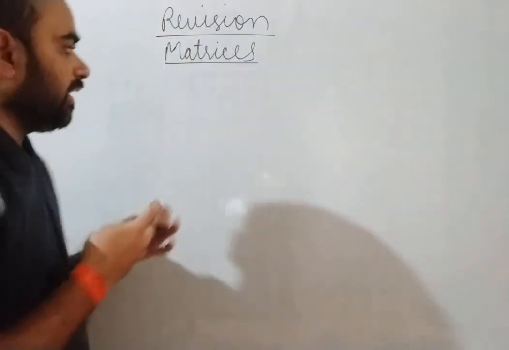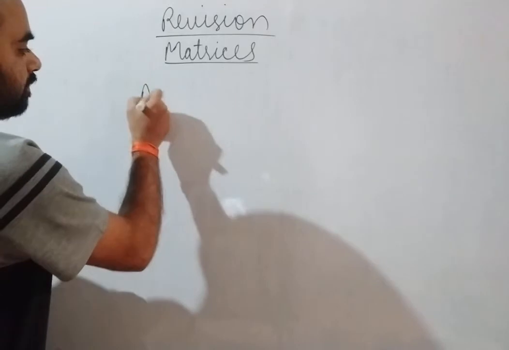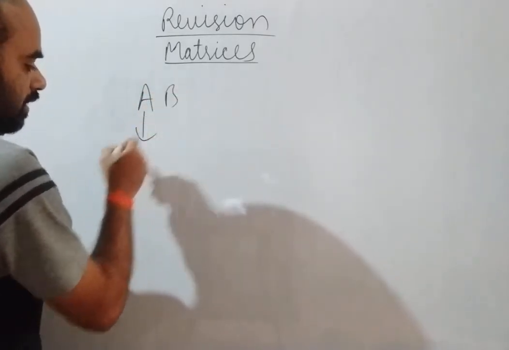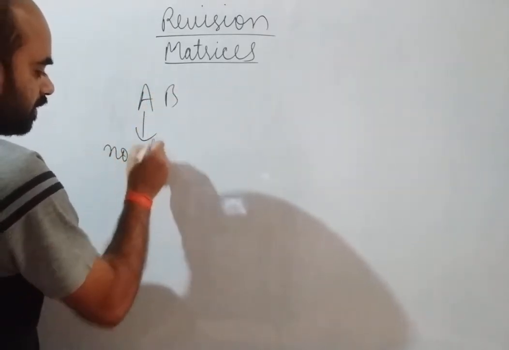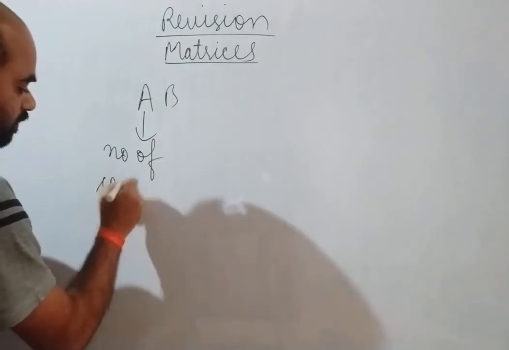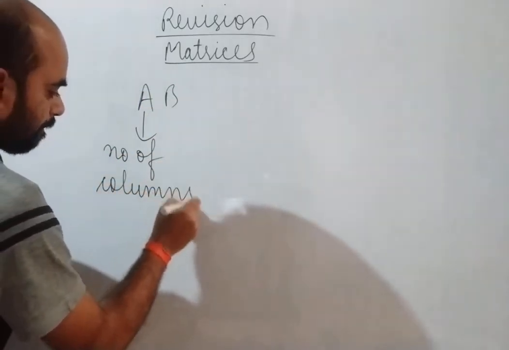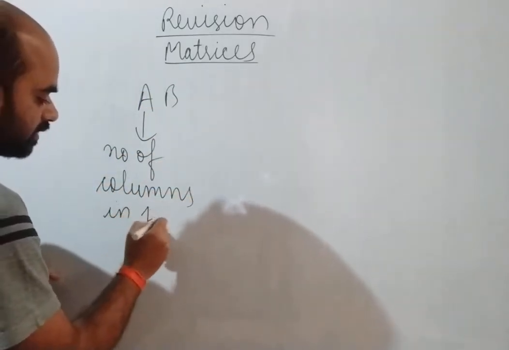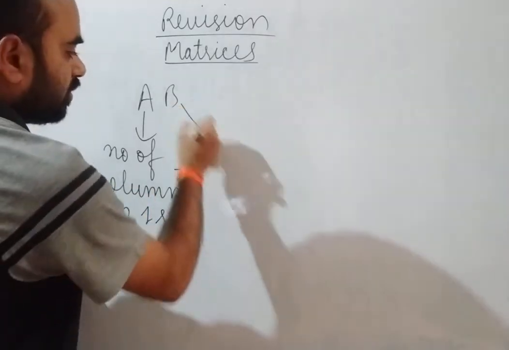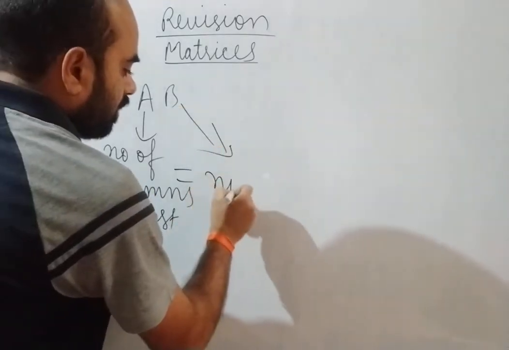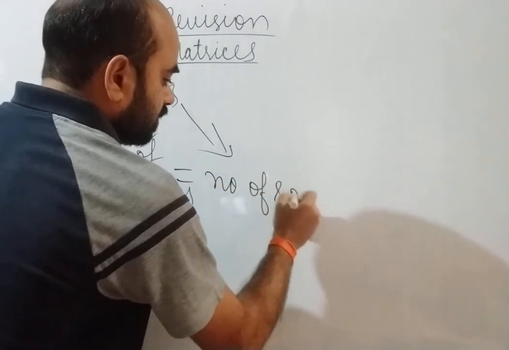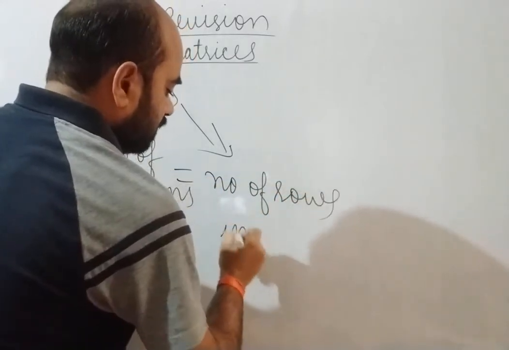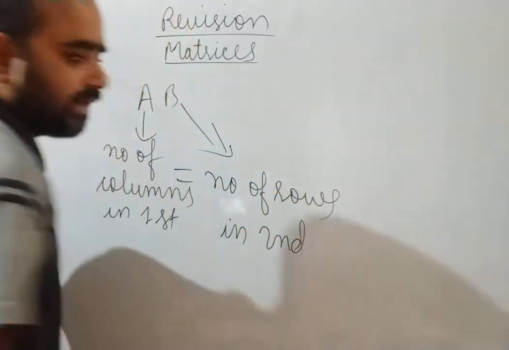find the product AB. So what is the condition? Number of columns in first matrix must be equal to number of rows in second matrix.